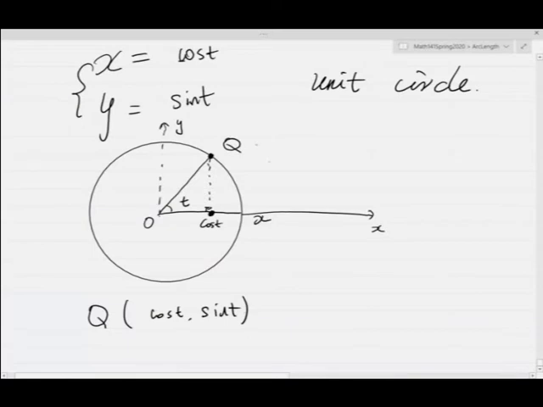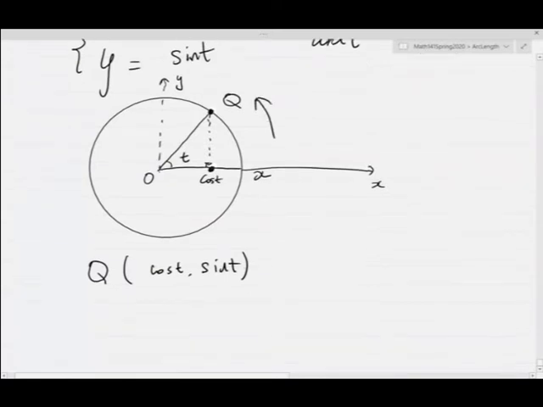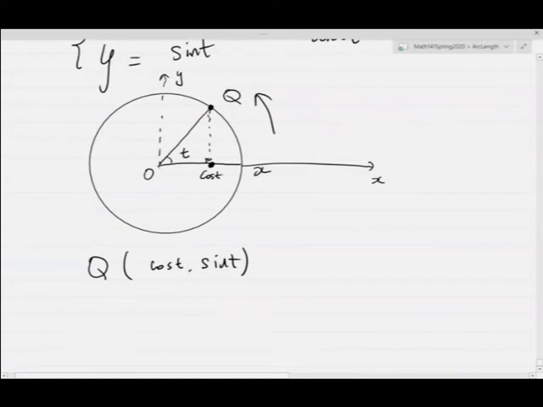As this angle t changes, the point Q will move along the unit circle.